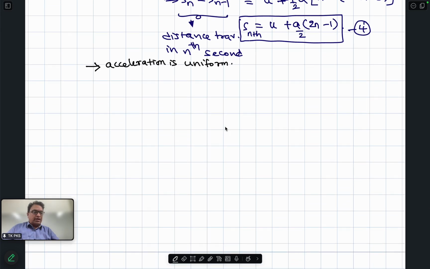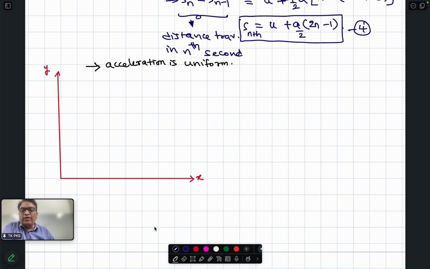And again, from graphs, we need to study something more. What is that? From graphs, we need to study the following things. Y-axis, x-axis. See, if it is a body starting from rest, moving with constant acceleration, the graph will be like this.